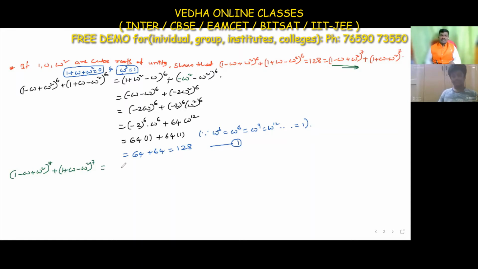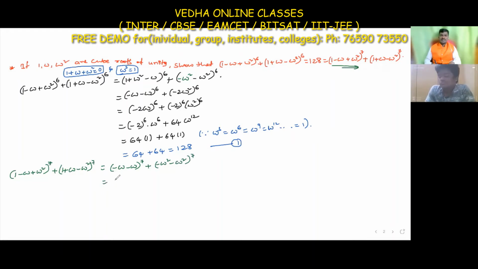This is equal to, since 1 plus omega square is minus omega, we write it as (minus omega, and one more minus omega) whole power 7 plus (1 plus omega, that is minus omega square, minus omega square) whole to the power 7.